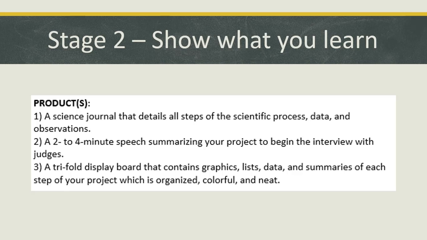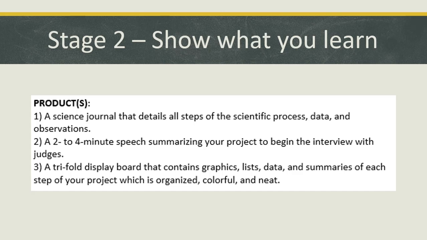They should also formulate a 2 to 4 minute speech summarizing their project. They present their project through a speech, then questions will be asked by the judge. Lastly, they should have a trifold display board that includes graphics, lists, data, with everything spelled correctly and having it organized, colorful, and neat.